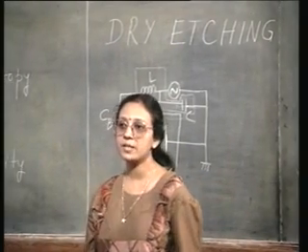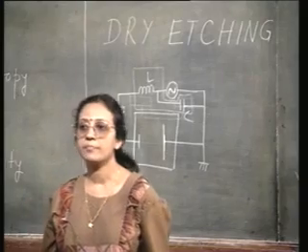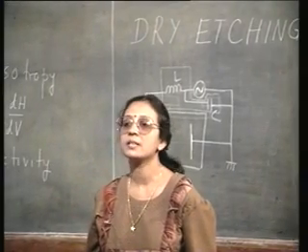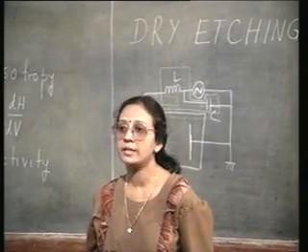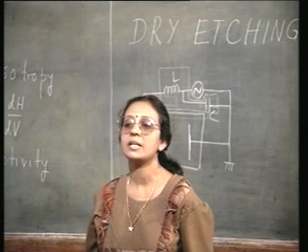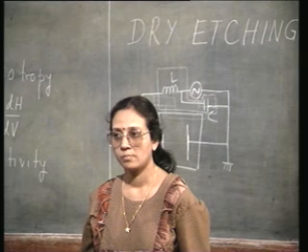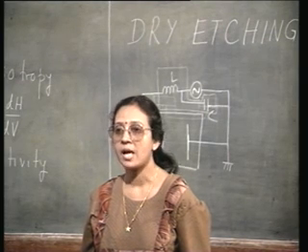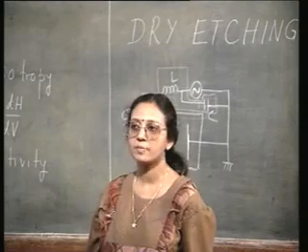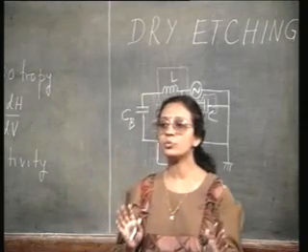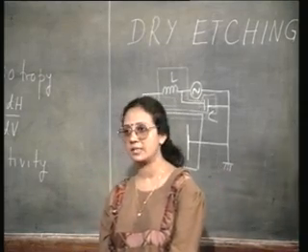The other aspect is of course that by suitably adjusting the cathode sheath potential, it is possible to have very high ion bombardment energy. This is aspect number 2. So, in a plasma we have basically two factors governing the etching mechanism.